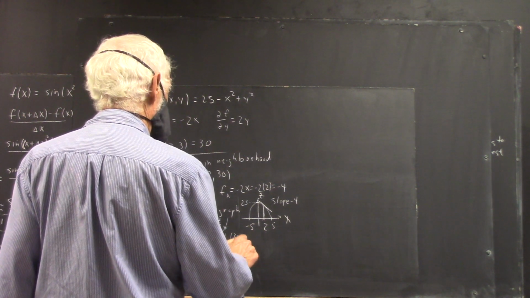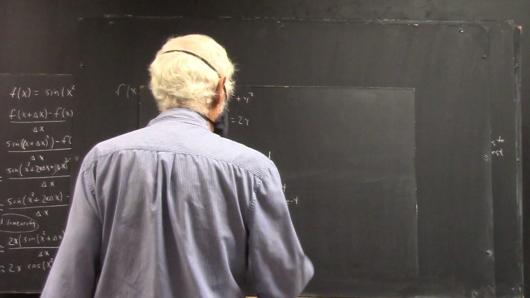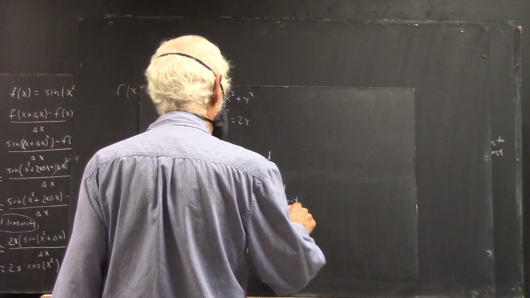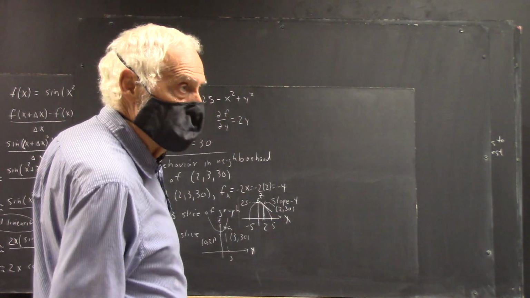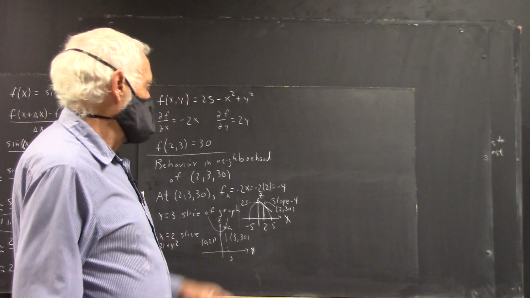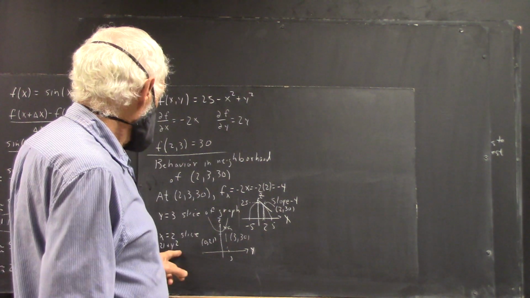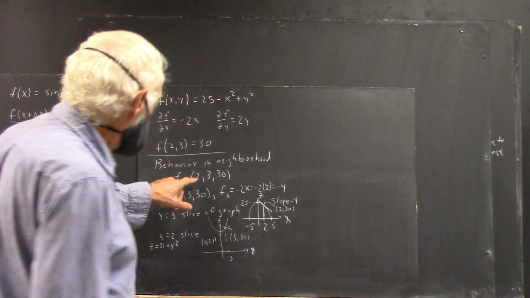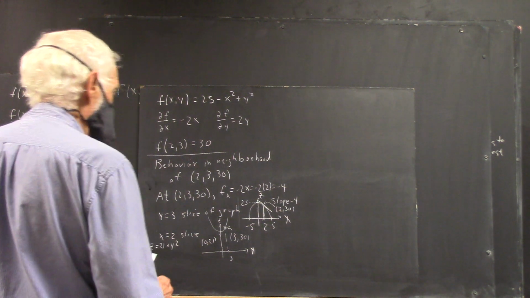So here's the point (3, 30) on this slice. Up here, I haven't left myself much room to do it, but this would be 30 on the XZ slice. Now, again, you're slicing this with a plane parallel to the XZ axis. Here you're slicing this with a plane parallel to the YZ axis. Both of these slices go through this point because we're trying to see what's going on in the neighborhood of this point.